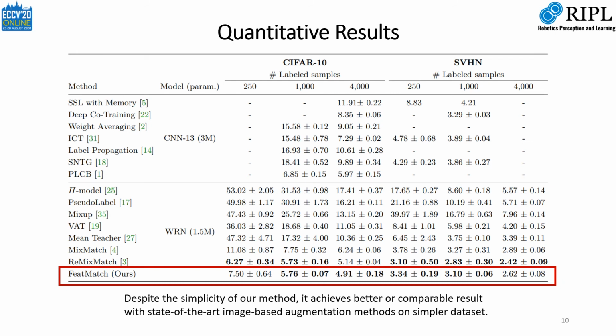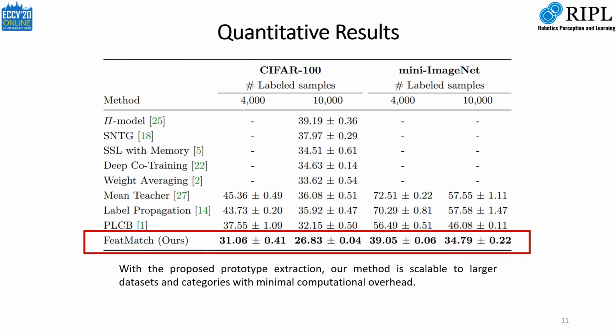On simple 10-class datasets, such as CIFAR10 and SVHN, our feature-based augmentation method achieves comparable results with other state-of-the-art image-based augmentation methods, even though our method doesn't include all those advanced training techniques. On complex datasets, such as CIFAR100 and miniImageNet, our feature-based augmentation method outperforms other methods by a large margin.